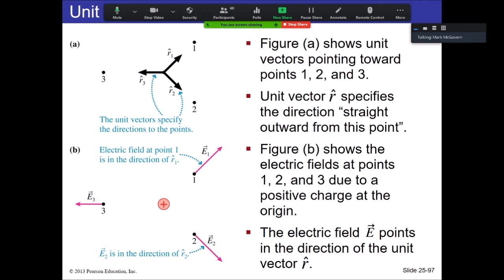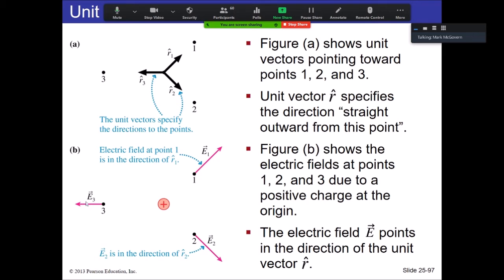So say there's a charge here, and I'm trying to indicate the direction of the electric field at points 1, 2, and 3. And the way I do that is I have to visualize this R hat vector. A lot of times I refer to it as the radial direction vector. And it's very simple. It just always points from this charge to the location where the electric field is being evaluated.